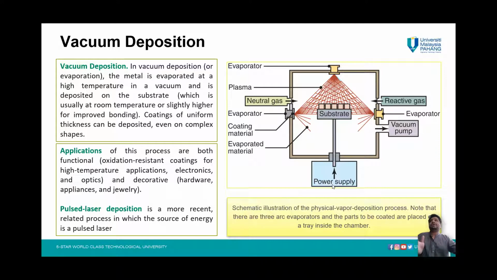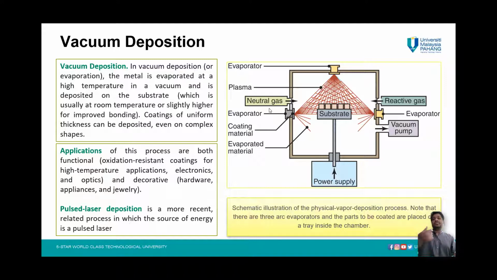This vacuum deposition is basically used for arc deposition. This is called PVARC deposition, or it can be pulsed laser deposition. This is a new technique which is coming up. In arc deposition, the coating material is put on the cathode part. You've got the coating material which is near the evaporator, and then you've got a neutral gas.